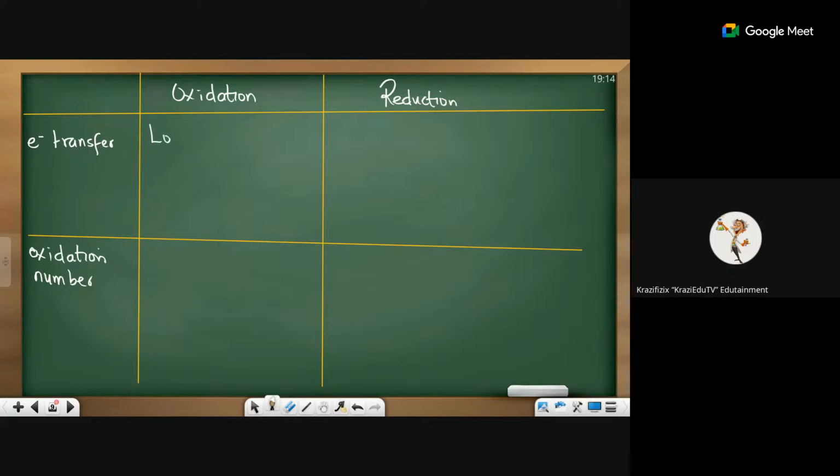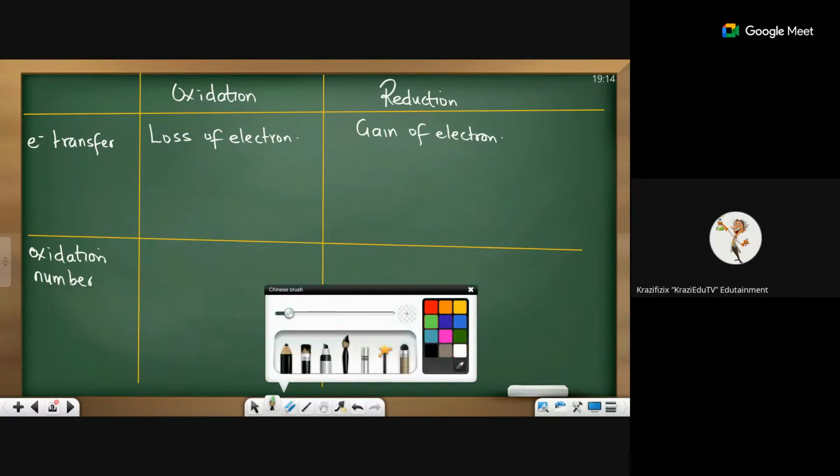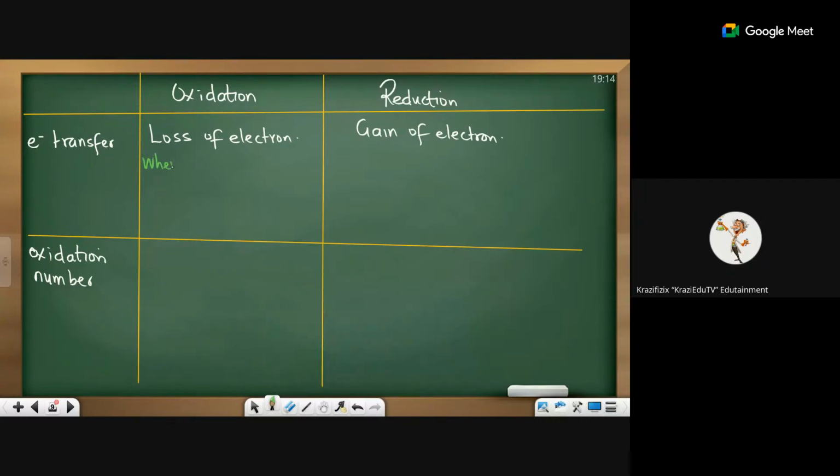Oxidation is the loss of electrons. Reduction is the gain of electrons. When an atom loses an electron, it's called a cation.